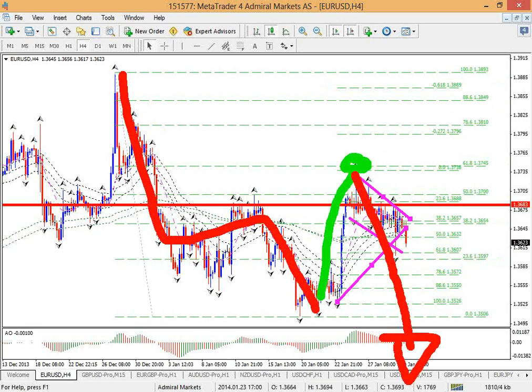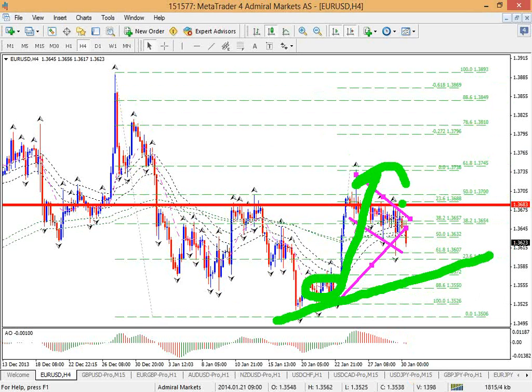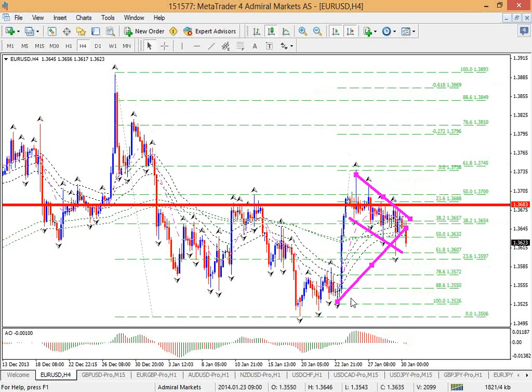We never know. We don't want to know. The only thing we do know are facts, and the fact is that we have a daily uptrend line right here, right? And price bounced off that. That's a fact. We also have a resistance here at the 61.8, and we also have support fibs. What does that mean? That means there is a potential, if we break below magenta, to fall here.